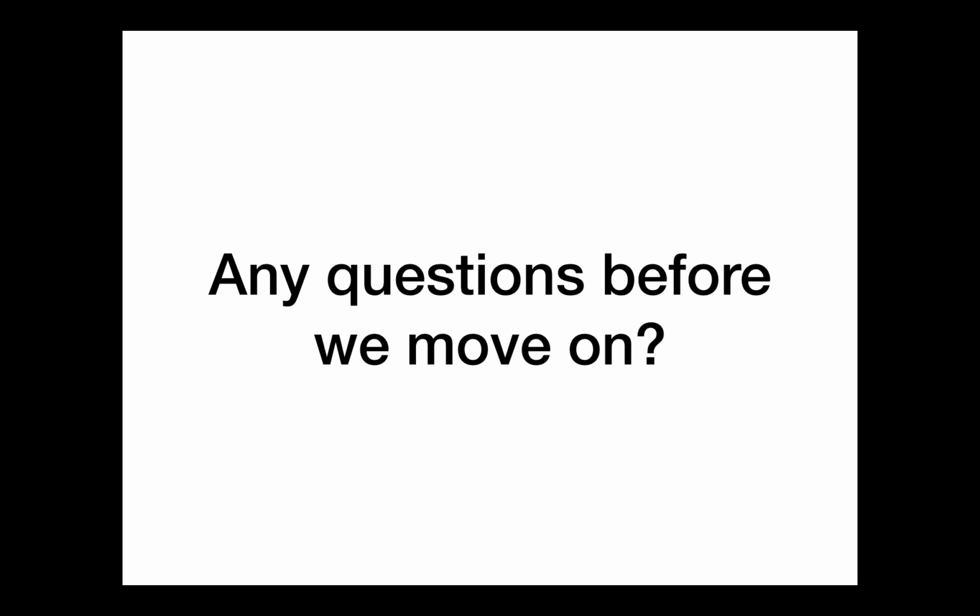Does anybody have any questions about iterator categories that I haven't already tried to cover? Yeah. Okay, so it means that when you're skipping forward n elements, it doesn't depend on the value of n.